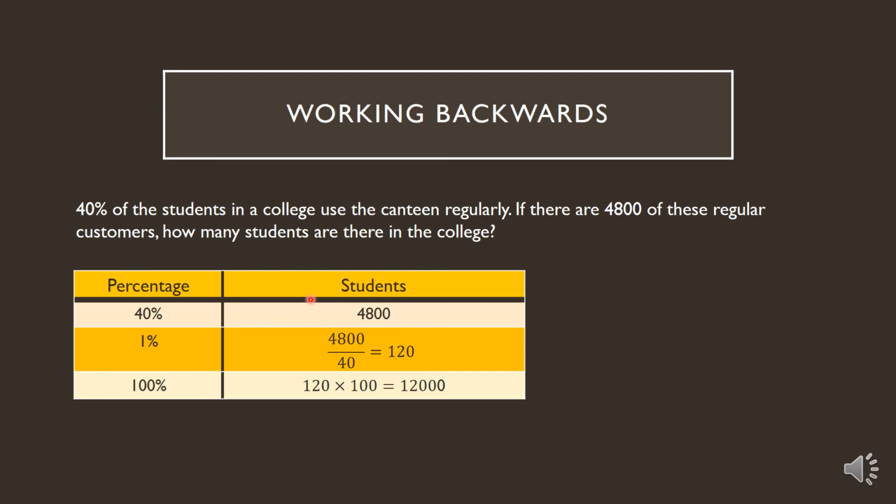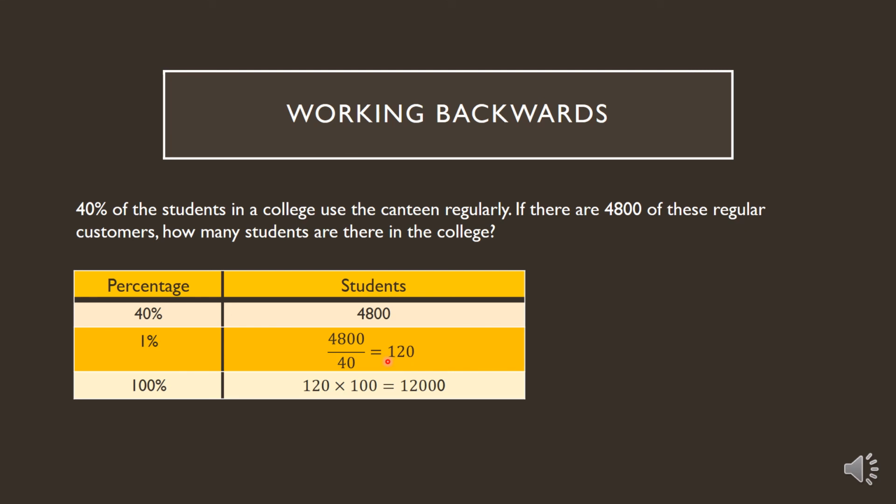Now, the next step is to bring it back and find out what 1% is. So if 40%, we're going to bring it back to 1%, which is much less. So we take the number of students that are 40%. If we divide by 40, it will give me 1%. And this gives me the answer of 120.